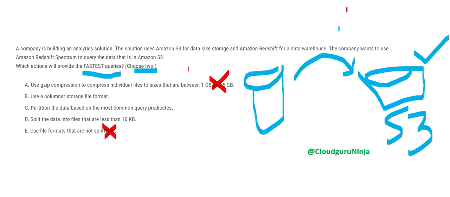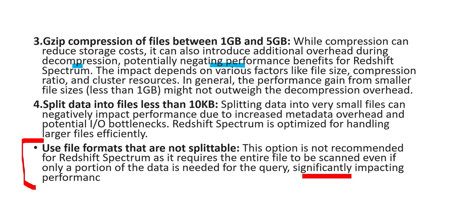Okay, the next option that looks a bit weird is split the data into files that are less than 10 KB. See, splitting is fine, but splitting below 10 KB does not look correct. Now you will straight away say why. So this is why. If you split it, the performance goes down. Why?